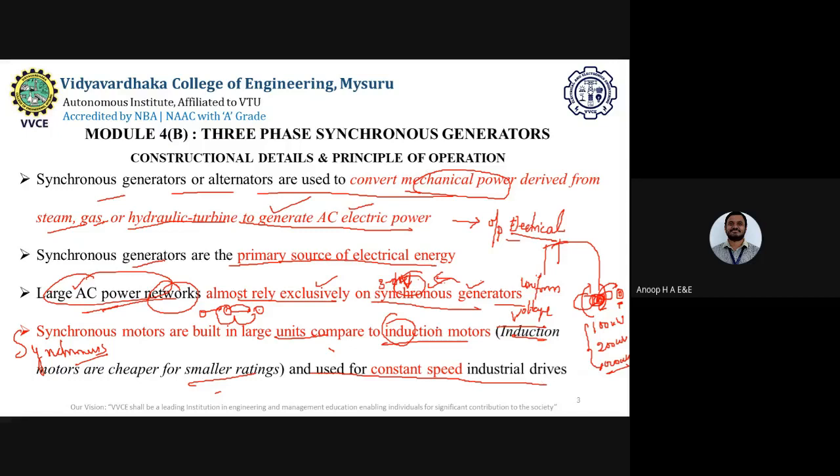In industrial drives, either a rolling machine or a milling machine, we generally employ these induction motors, generally for the smaller ratings. When I use the synchronous motor, it will be used for the higher ratings. That is what I mean by it.